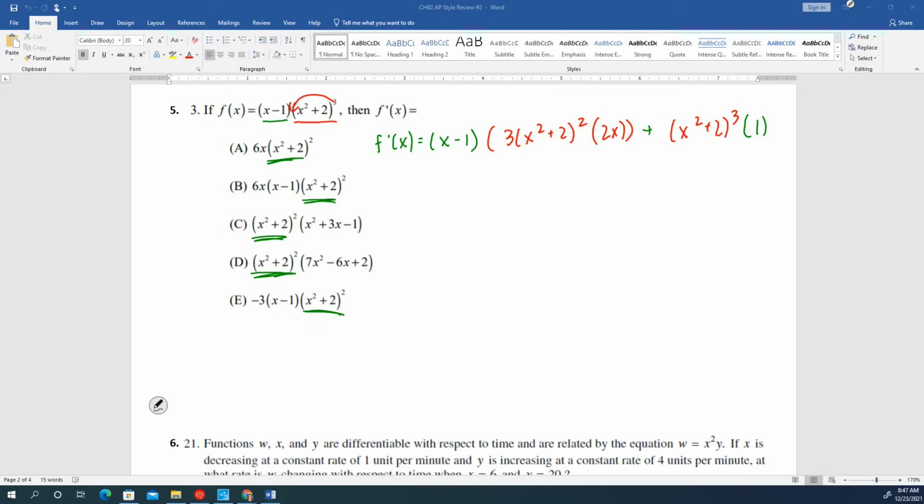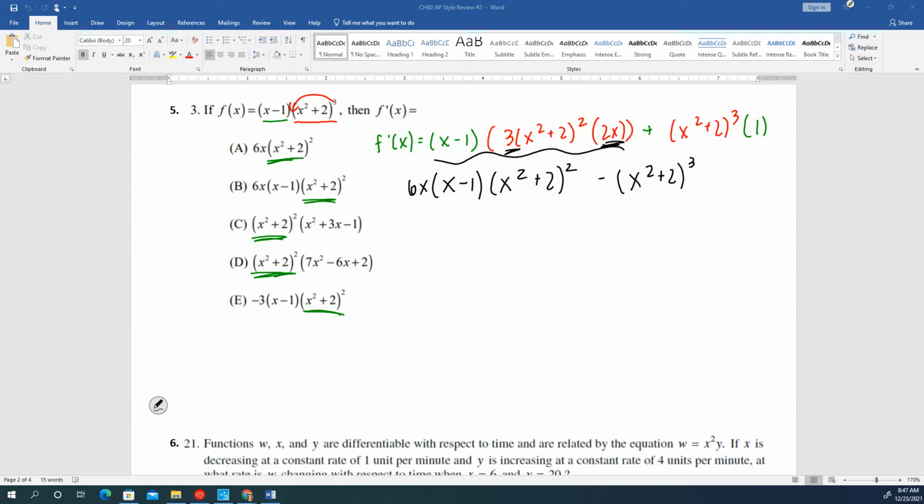When I'm simplifying this piece, the only thing I would maybe do at first is times these together. So I have x minus 1 times 6x. Maybe I'll put the 6x in front. Something like that. I wouldn't really go much further. Definitely don't multiply that out because I see those x squared plus 2 squareds in all my answers. And here I have just x squared plus 2 cubed.